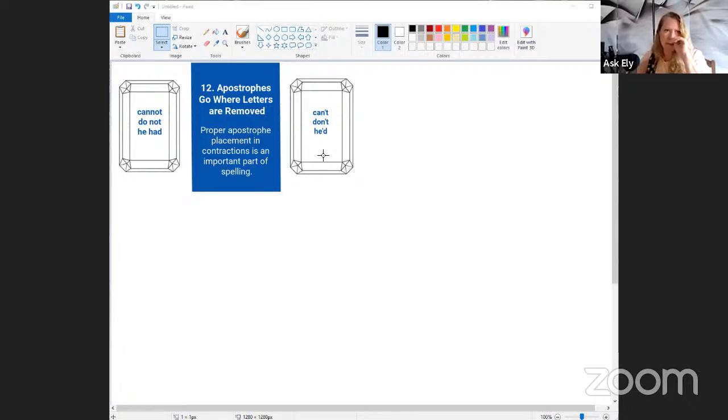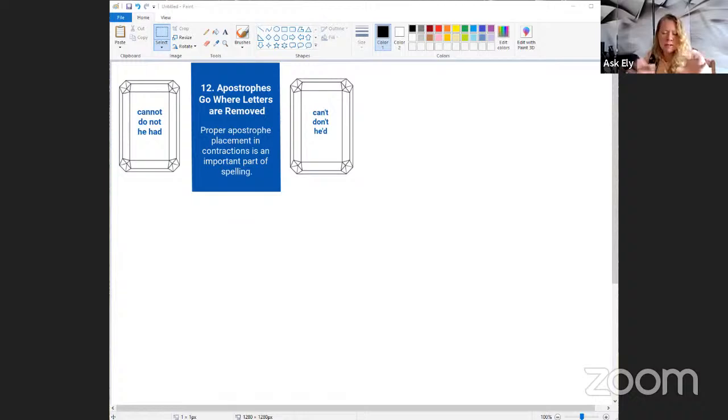So place it correctly. An apostrophe should be placed right in that exact spot. And that's because it's letting everyone know that there's a missing letter or letters. It's not a word, it's letters. So in the case of cannot, if I were to write it out, it'd be CANNOT, right?